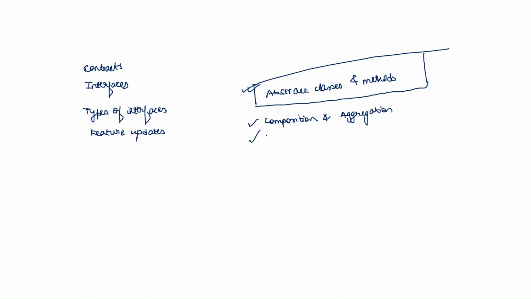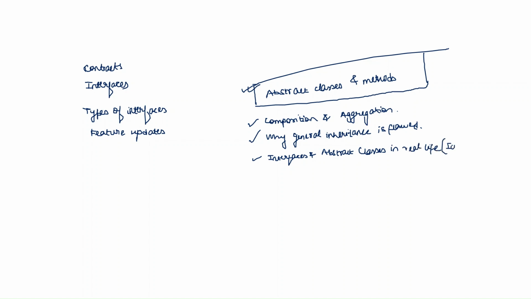Also, we'll be talking about why general inheritance is flawed. So, we'll also talk about this. Something that we would also love to talk about is the use of interfaces and abstract classes in real life. So, I'll talk about dependency injection and inversion of control in the next video.